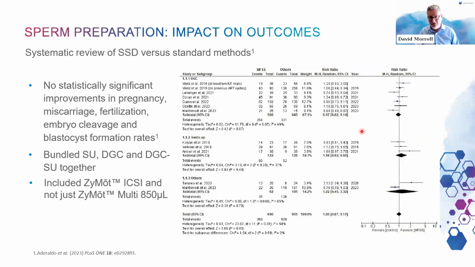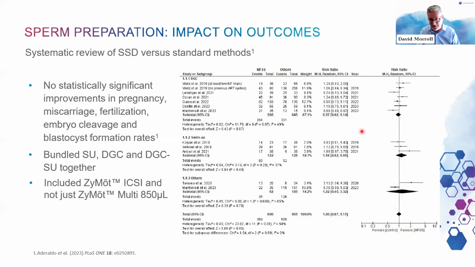But there's an important thing to say about this systematic review, and that is the standard methods bundle together swim up, density gradient, and density gradient followed by swim up. That's the control group. And in the test group, the microfluidic sperm separation devices, it includes the ICSI device and the multi devices, so the microchannels and the porous membranes, and they're very different.